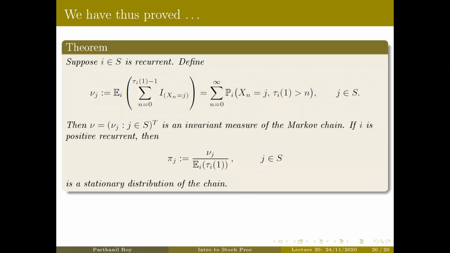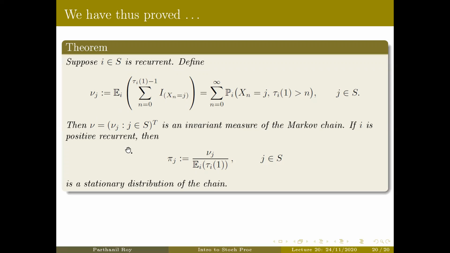So combining everything that we have shown so far, what we have actually proved is that if you start with a recurrent state i and you define nu j to be the expected number of visits to j between two successive visits to i, or the expected number of visits to j in the first excursion to i, whatever you call it, then this nu is an invariant measure of the Markov chain.